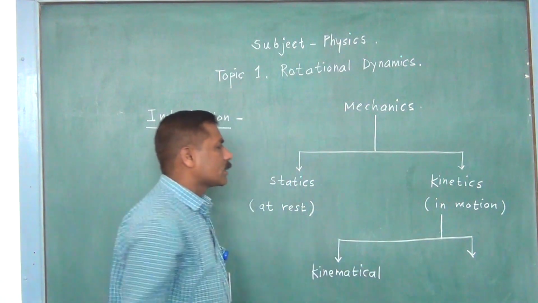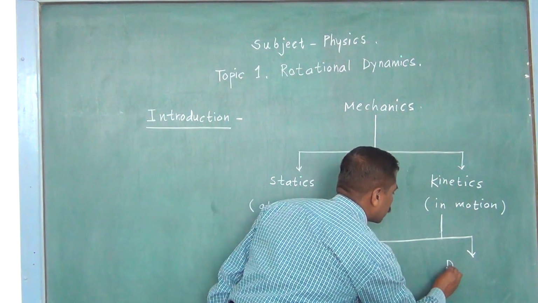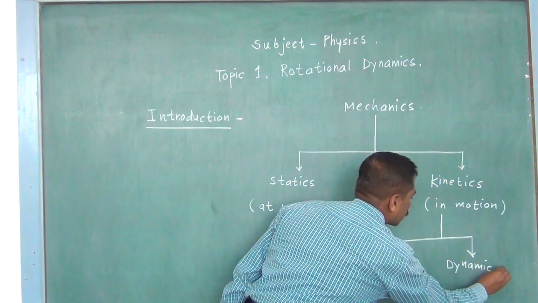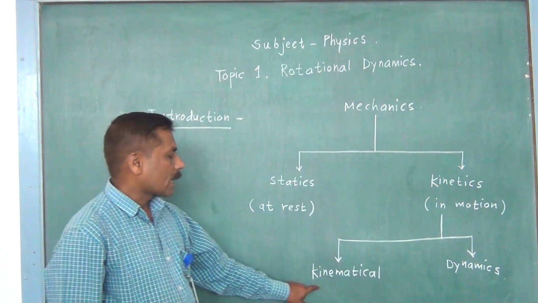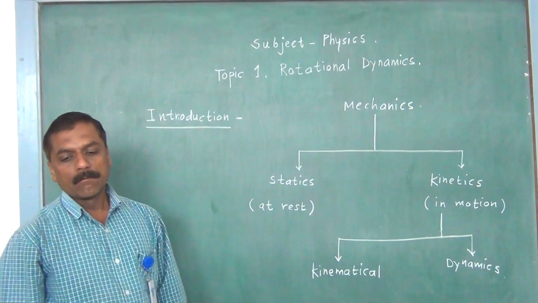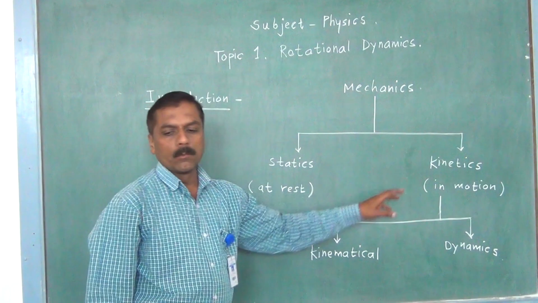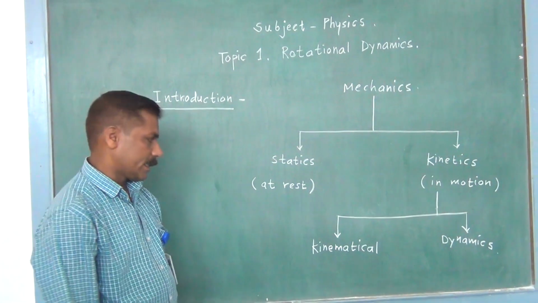It is one branch of kinetics, and another branch is dynamics. Now what is the meaning of these two terminologies? Kinematical means we want to study the object which is in motion without considering their causes.